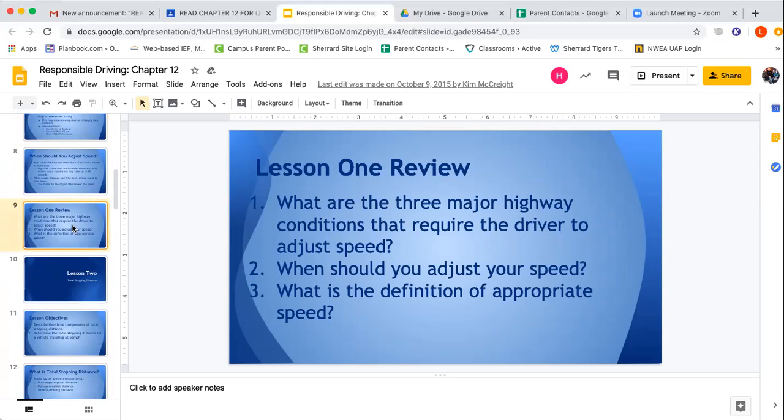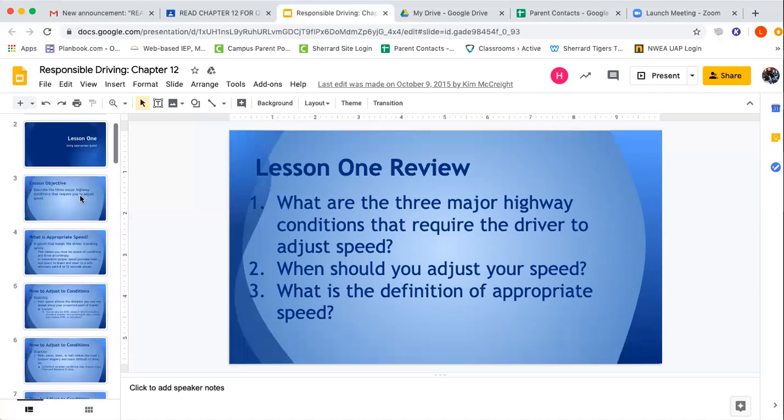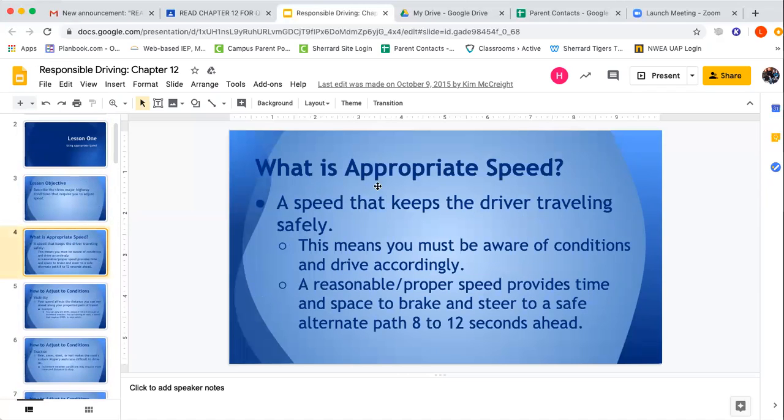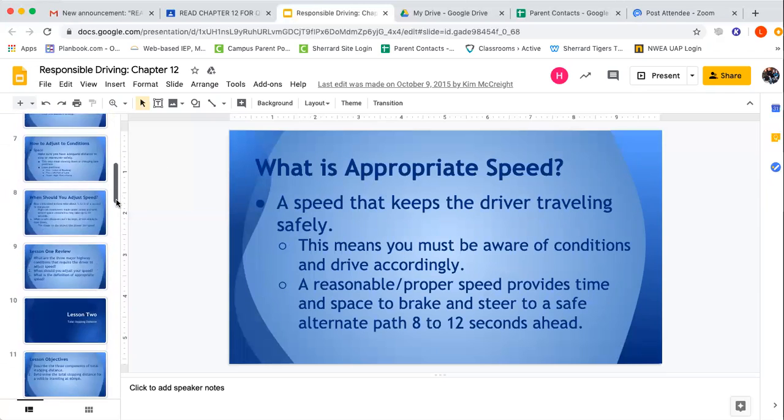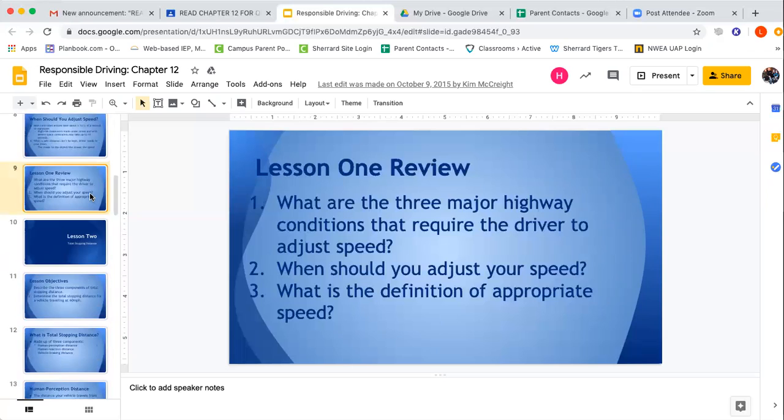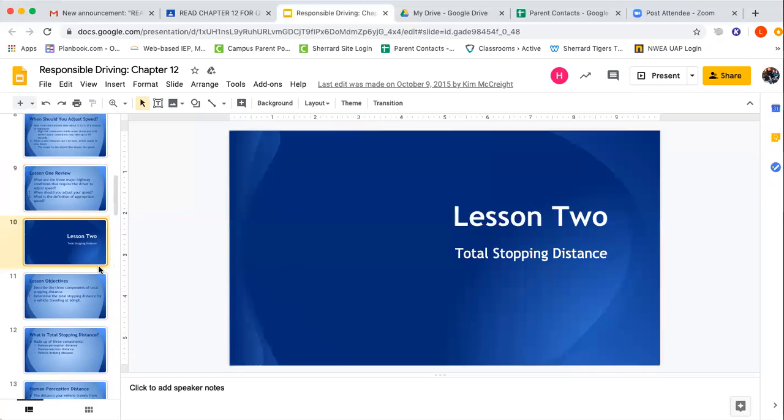When should you adjust your speed? Well, think about conditions of the weather, whether there's something in the road, any of those things. And then what is the definition of appropriate speed? A speed that keeps the driver traveling safely. Okay, so those were those follow-up questions for lesson 1.